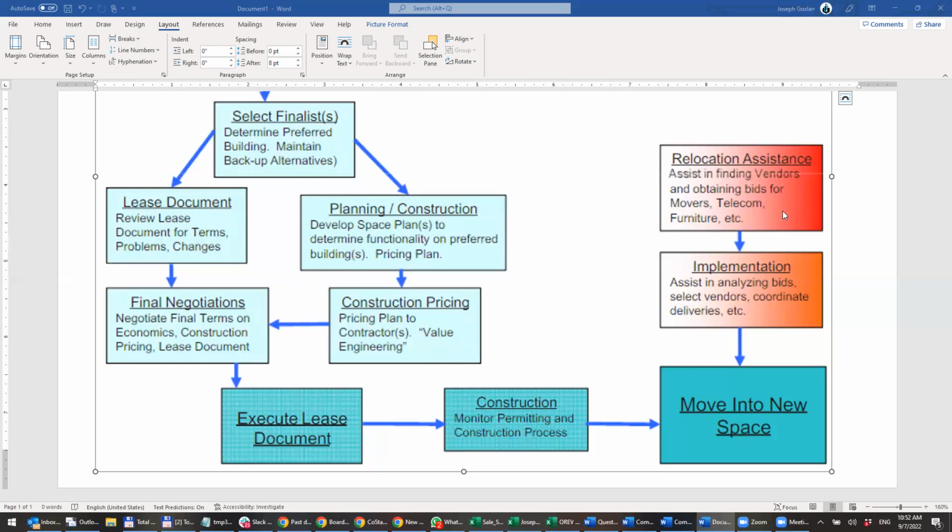This is a customer service that we might want to consider offering to our clients as we go along, because again, an out-of-state client is not going to know any vendors in the area, is not going to be able to facilitate all those bids and so on. So sometimes we will have to do that for them.